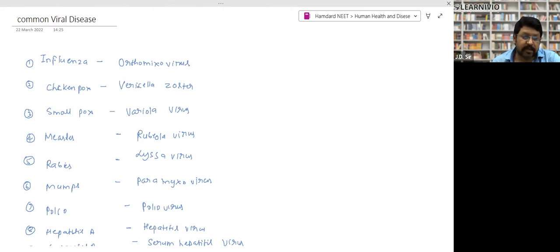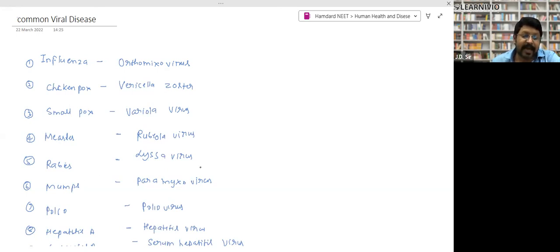orthomyxovirus. Chickenpox, frequently asked, varicella zoster virus. Smallpox, variola virus. These are the causal organisms, the viruses which cause diseases. Measles, rubeola virus.